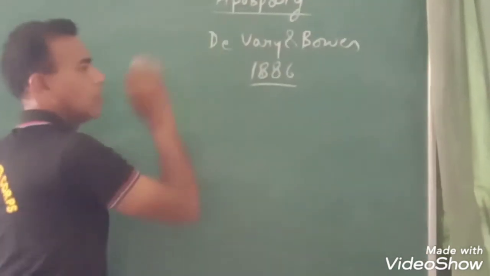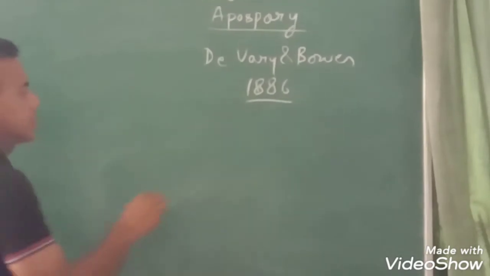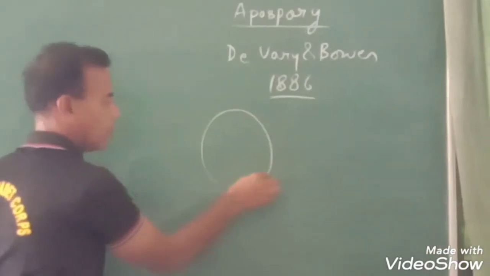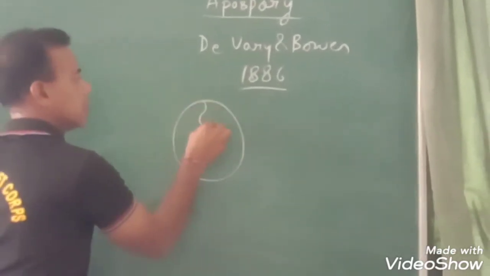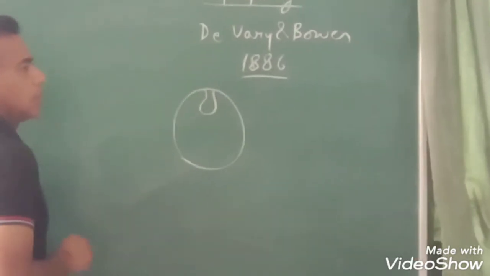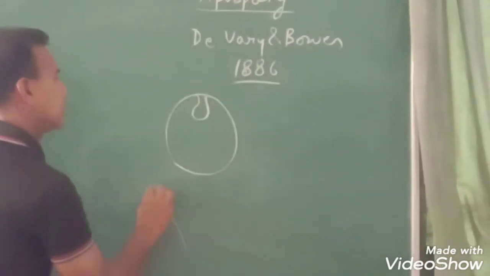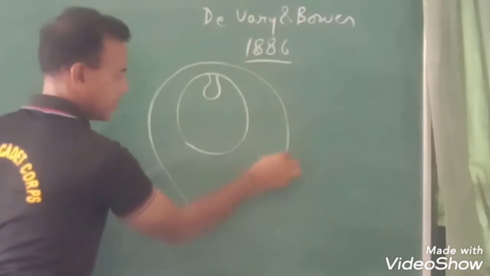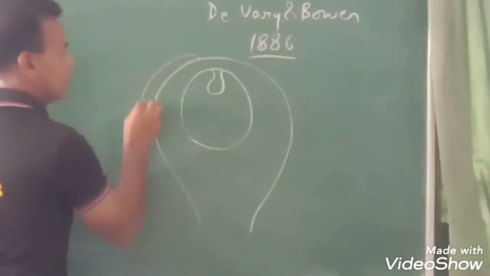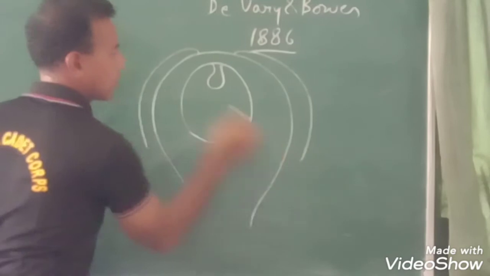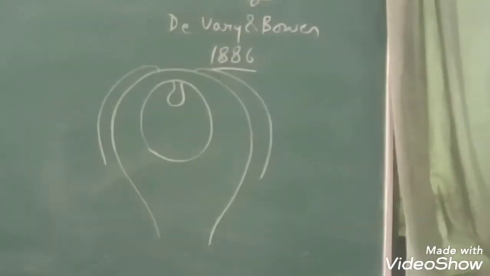Now, what happens in this process? We all know that the embryo sac is present in the ovule, which is surrounded by the integument.